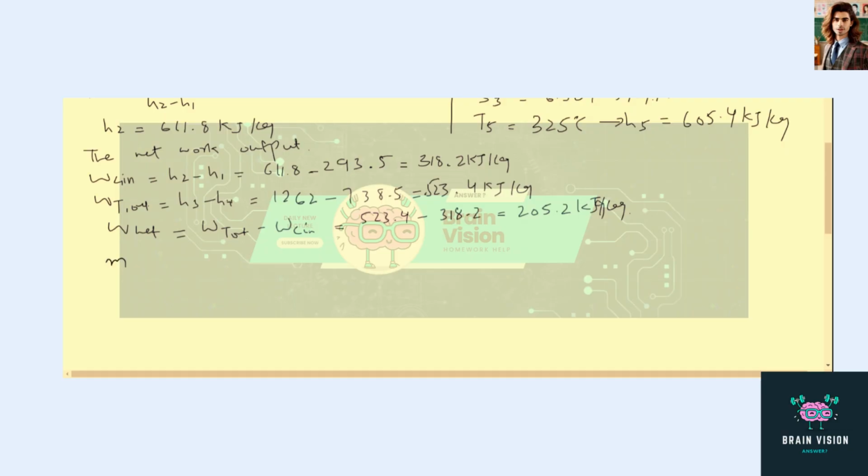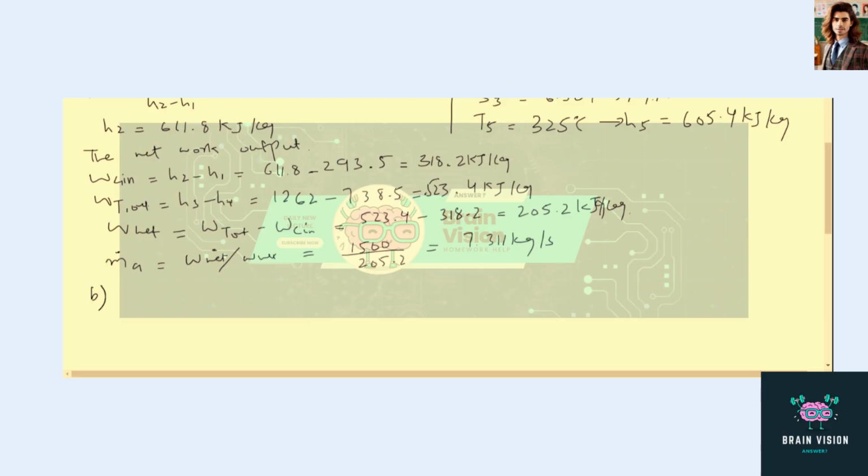So the mass flow rate of air becomes power divided by work done. That is 1500 kilojoule per second divided by 205.2. The answer would be 7.311 kg per second.